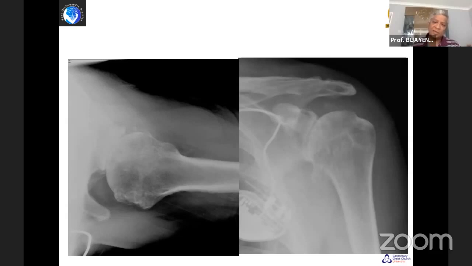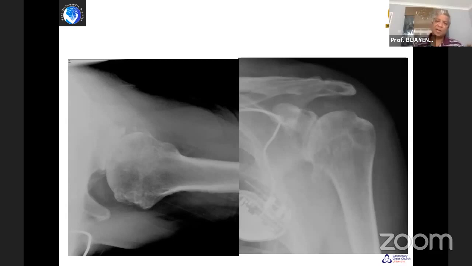In this situation, nowadays, especially for patients between the age of certainly 50 to 70, if it's a primary glenohumeral joint arthritis and we're contemplating an anatomic shoulder replacement, then along with the CT scan, I would certainly get an MRI scan.